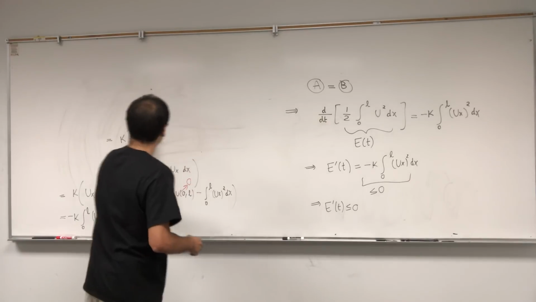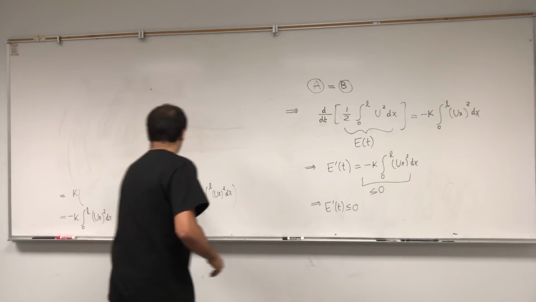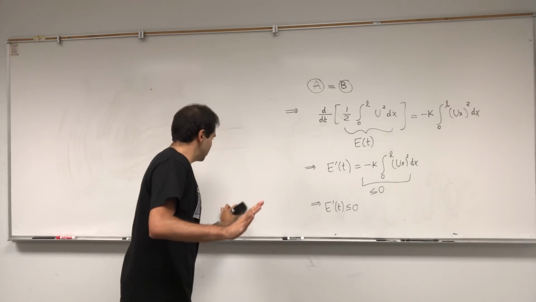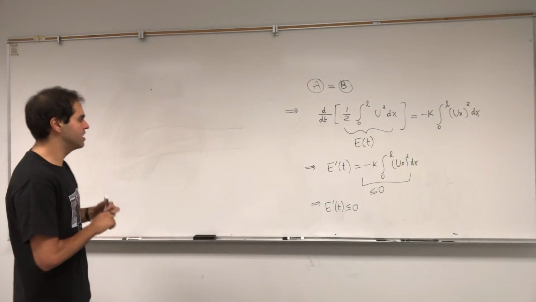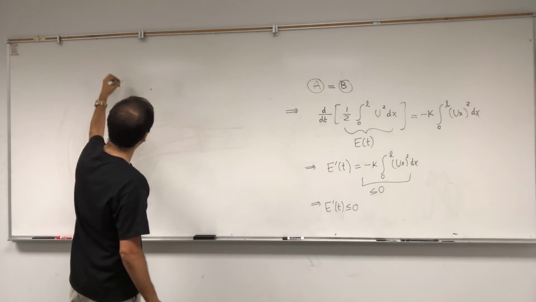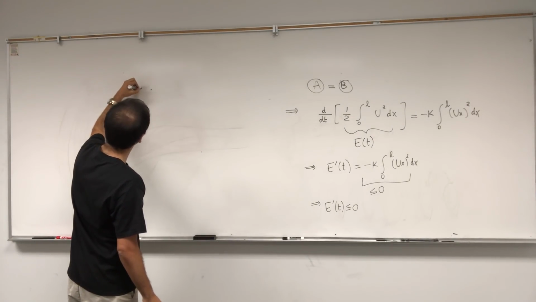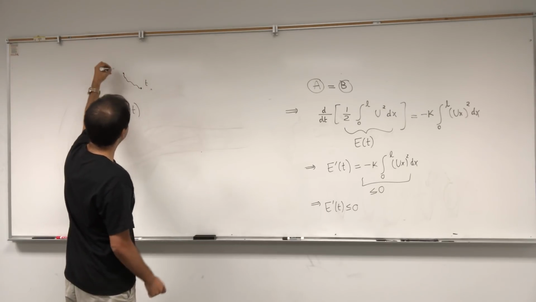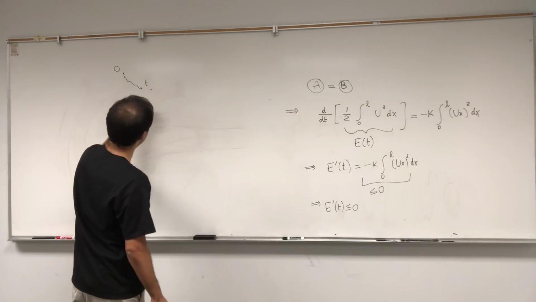And then, what can we conclude from it? And notice we have not used the initial conditions yet. We've just used the boundary conditions. But what we can conclude in particular, the energy at time t, because it's decreasing, is less than the energy at time 0.